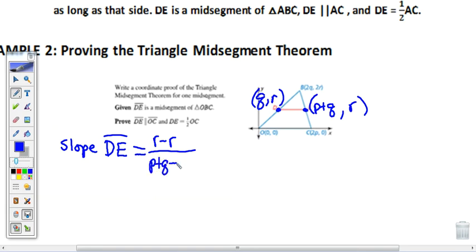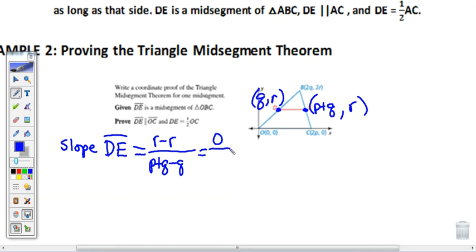Let's see what we get here. Well, what is r minus r up top, kids? Okay. What is r minus r, class? 0. 0 on the numerator.